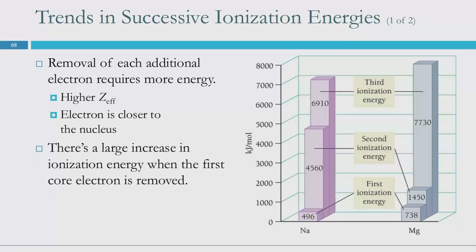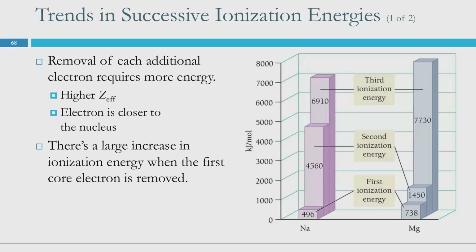We also have, for successive ionization energies, each additional electron requires more energy. So when you remove one electron, you're increasing the effective nuclear charge. We get less shielding because now we've got one fewer electron.